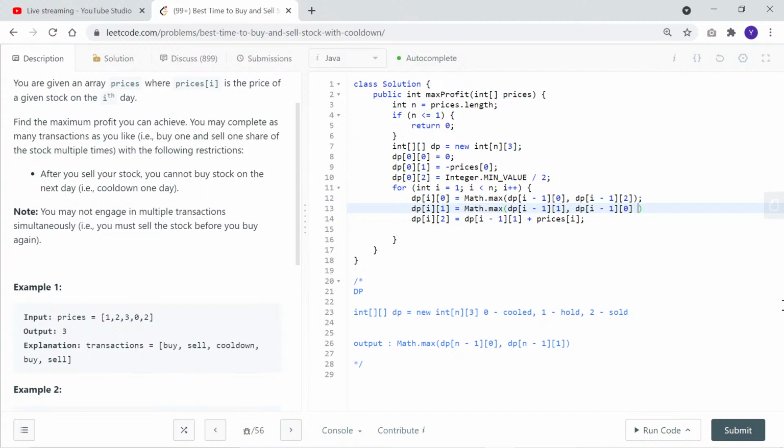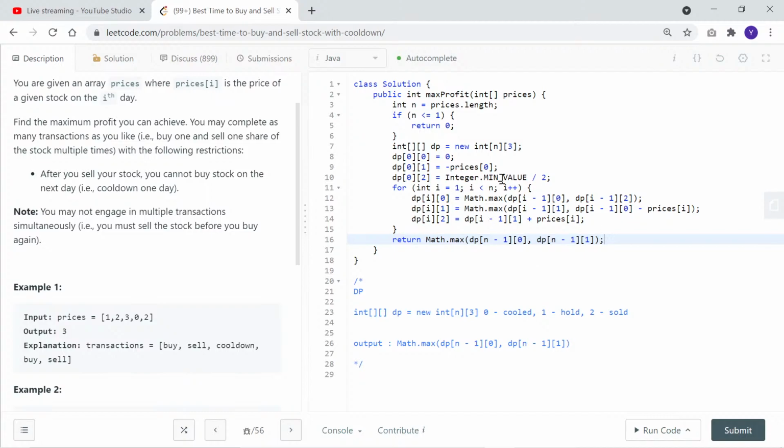But then we need to minus the price of the current day, so that we actually bought the stock today. And we just need to return the max of dp[n-1][0] and dp[n-1][1].